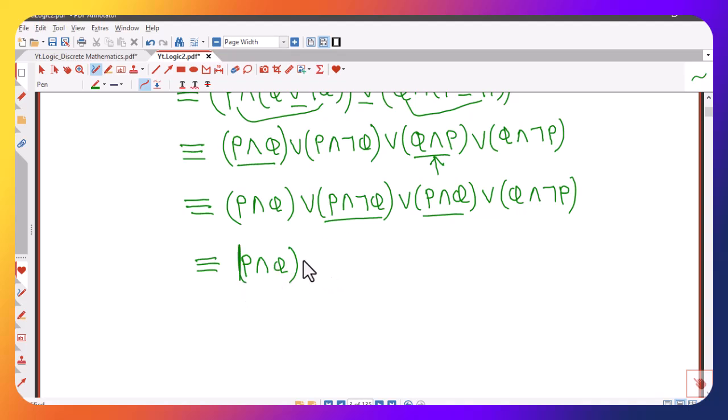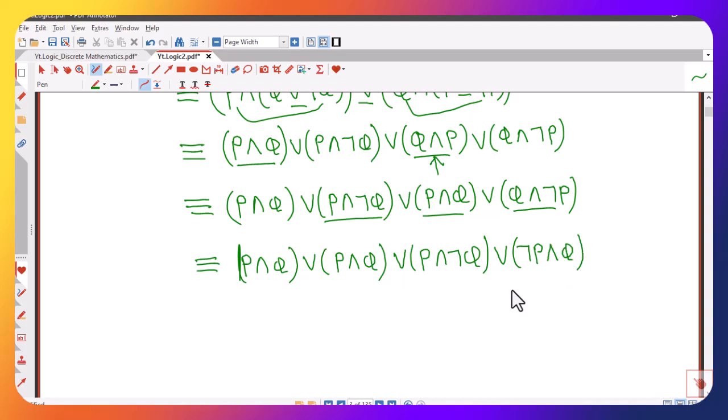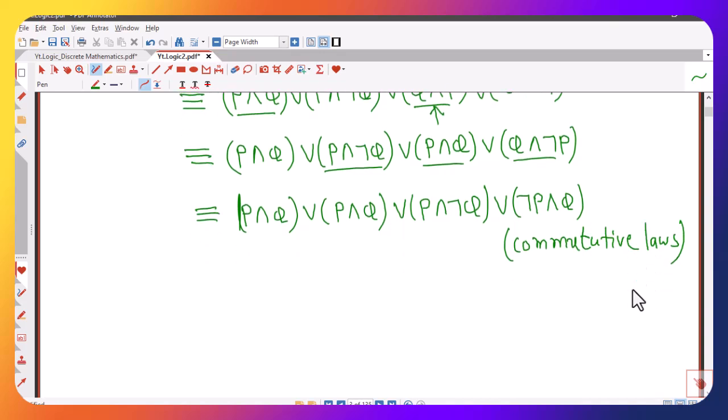Okay, here I can write this as P and Q, or P and Q, or P and negation Q, or, and here also I can use commutative law and I can rewrite this as negation P and Q. So here we have used commutative laws. And then we know that if we have P or P, that is logically equivalent to P.